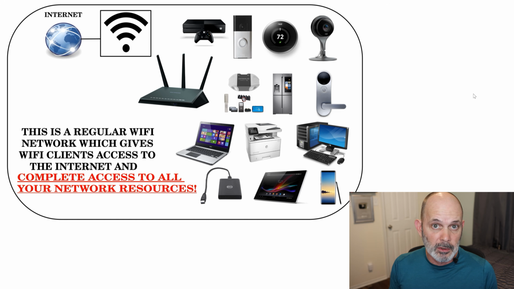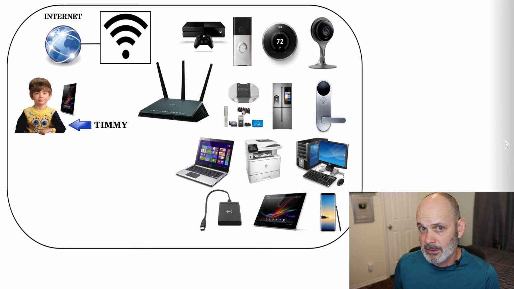That's perfectly normal and okay, right? And you're careful with what you're doing, you've got virus protection, all that stuff. But you don't know what other people do with their devices, or if they're that careful, or, again, you can be careful and still have a virus on your device. So anyways, this is what you have, and anybody that connects to this has total access to all this equipment. And that's the key part, complete access to your network.